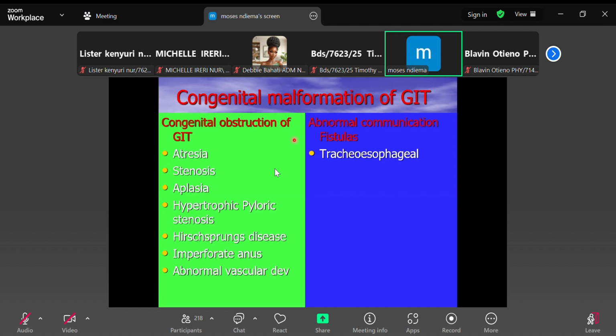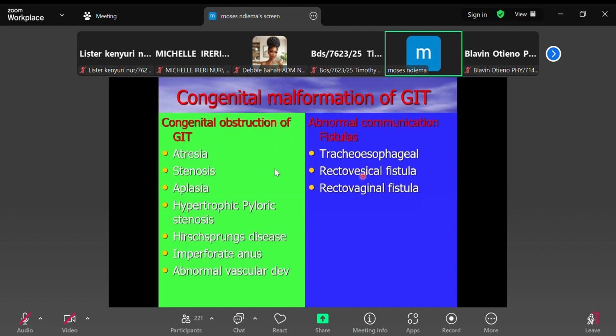So whenever the child takes any food, part of that food, the milk, will go to the trachea, and the child will be choking. Rectovesicular fistula is because of failure of the rectal septum to develop. So there'll be a hole connecting the rectum and the urinary bladder.